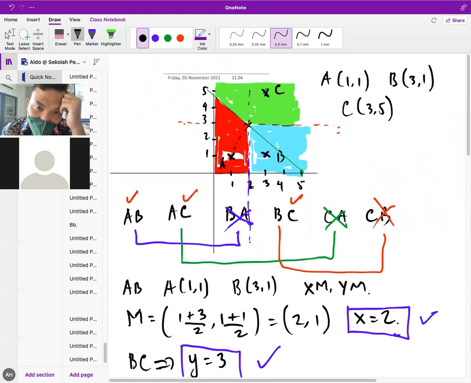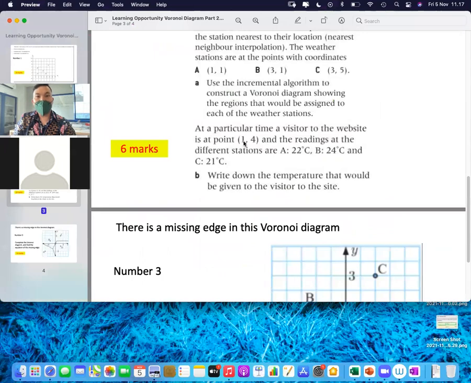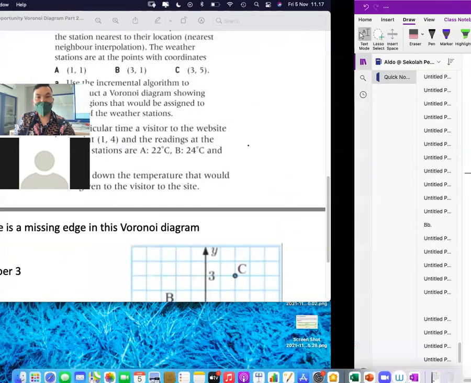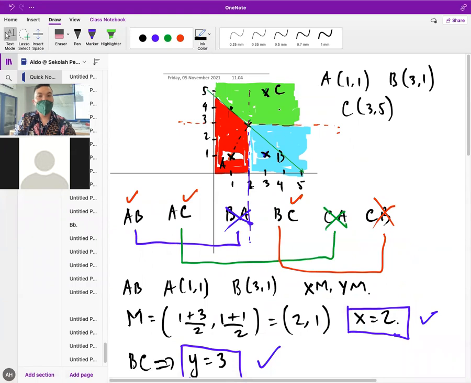Okay, wait. Here, is it in the 1, 4? Wow, this is critical. I think it's in the region of C. Now, this is the problem. Do you understand my problem, my struggle here? Do you get the idea? Basically, the question is asking, is the point 1, 4 in the region of cell A, cell C, or cell B?